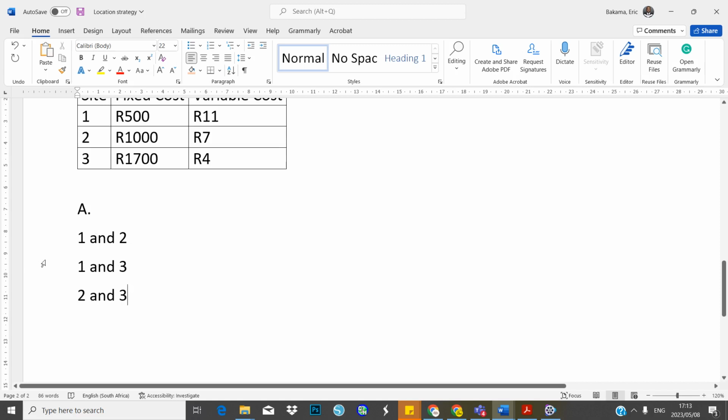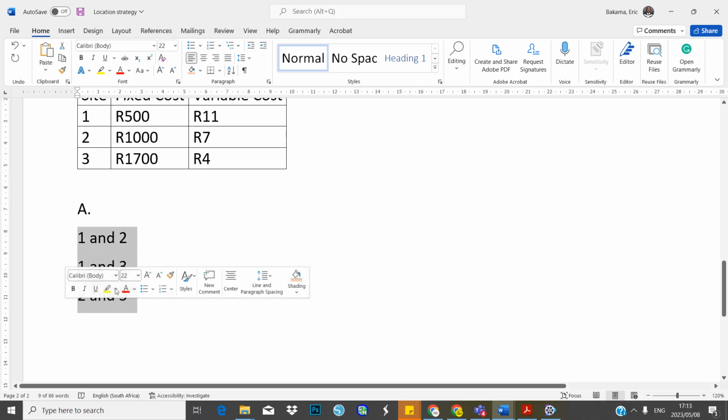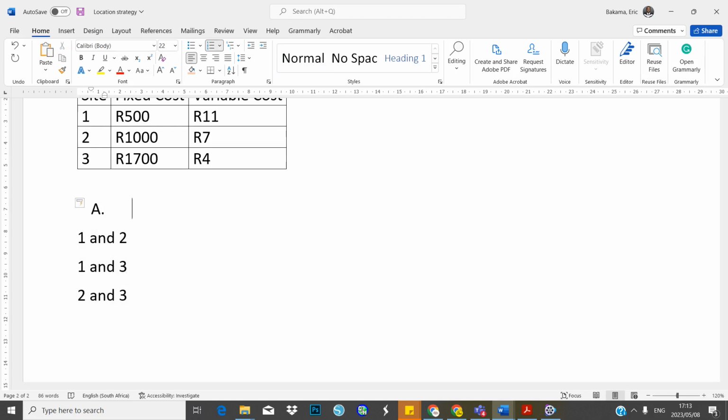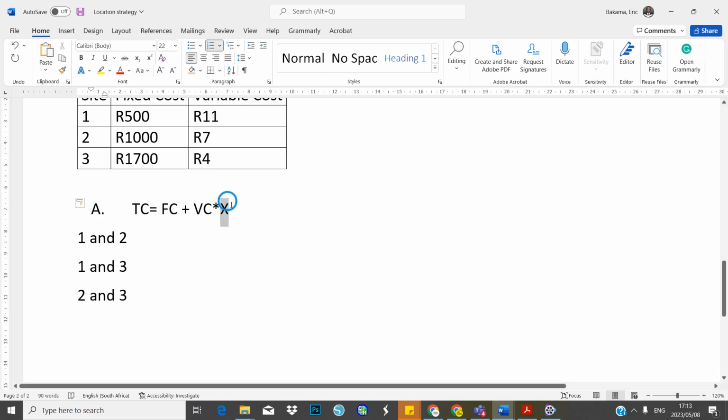This means that I need to look at the location whereby these alternatives are still the same. Remember the break-even analysis. The total cost is a formula that is quite common: it is the fixed cost plus the variable cost multiplied by x, where x generally is the number of units.